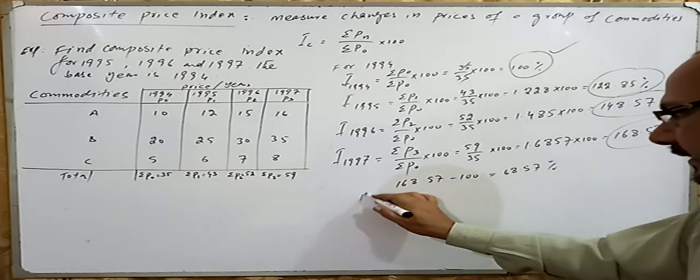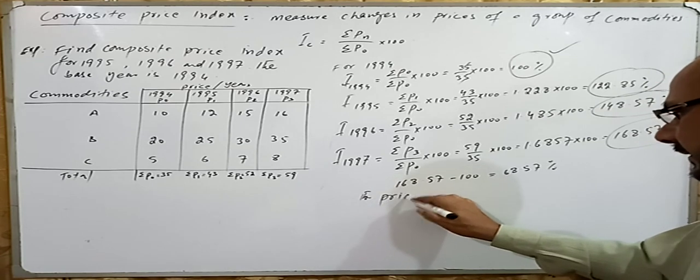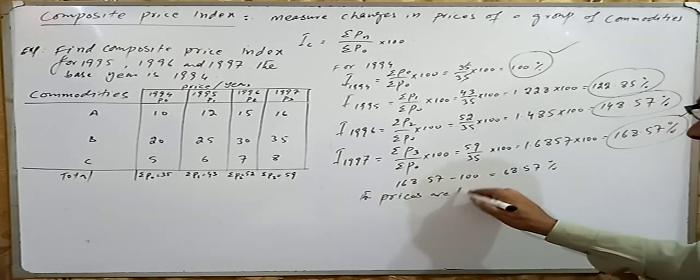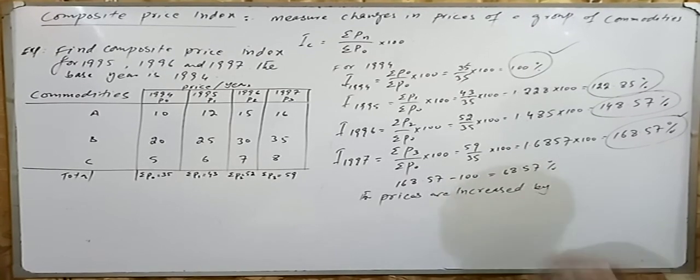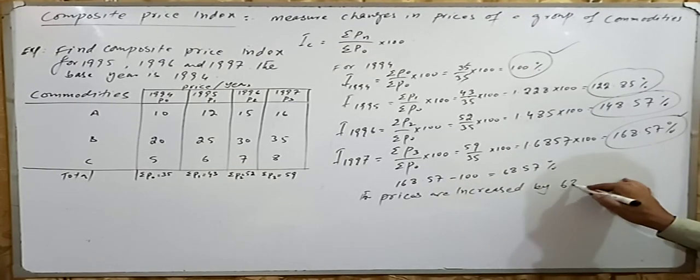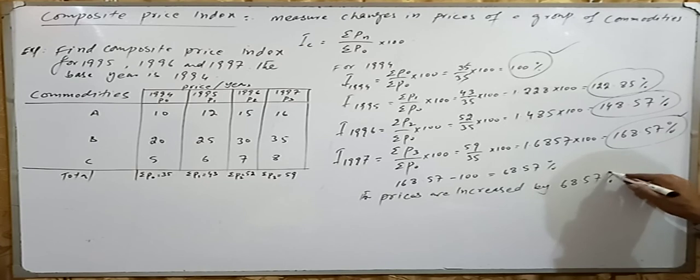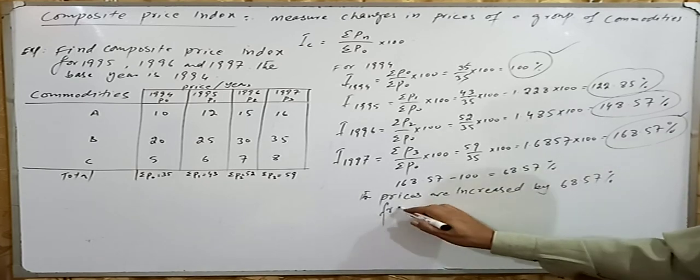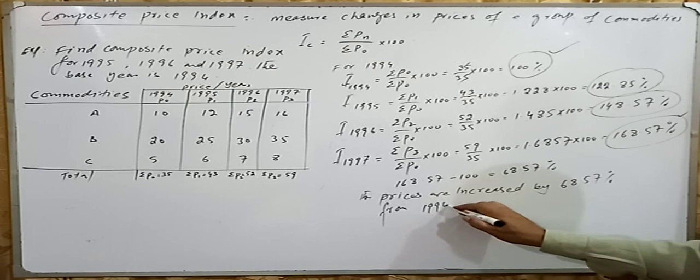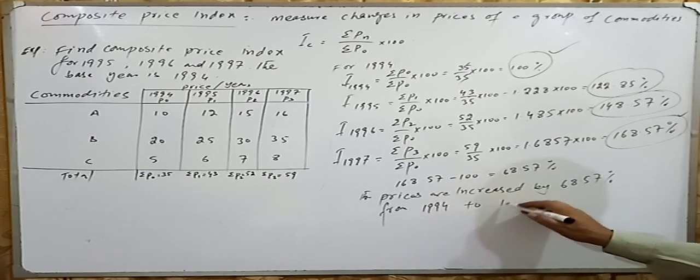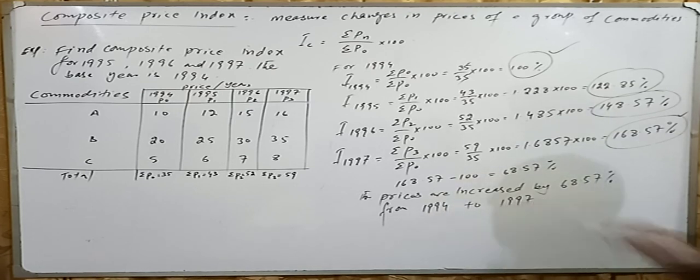Then you can write that the prices are increased by 68.57% from 1994 to 1997. This will be the conclusion of the question.